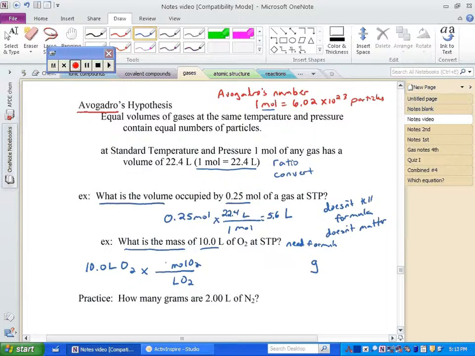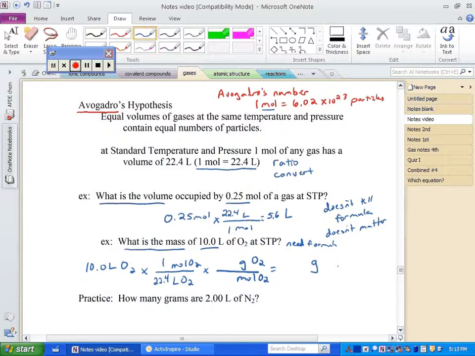Moles is 1, liters is 22.4. Now we need grams. We're not at grams yet, so we're going to need another fraction. So what we need in the bottom of that fraction is moles, so that it cancels.